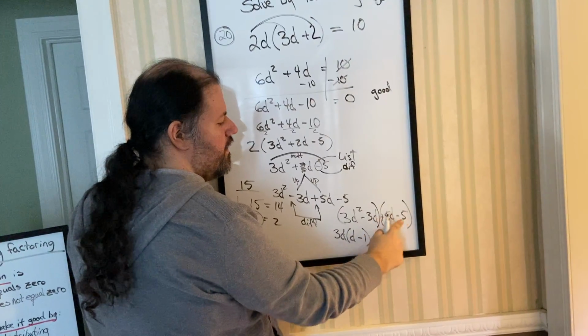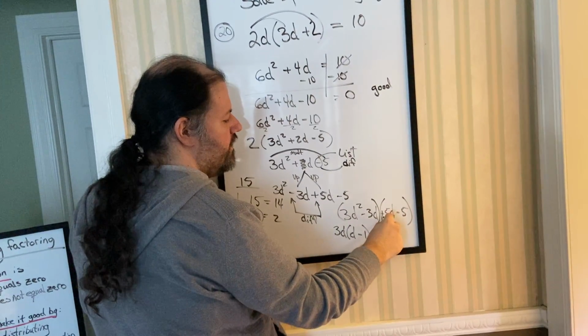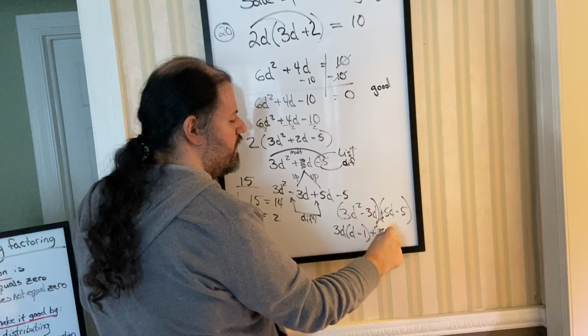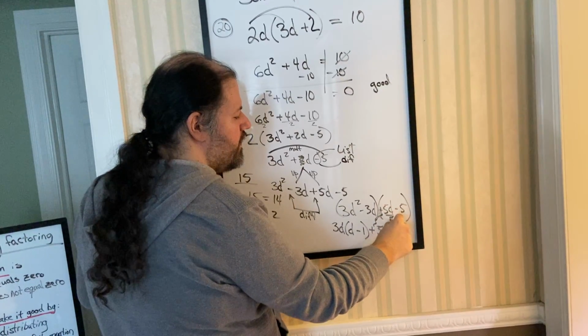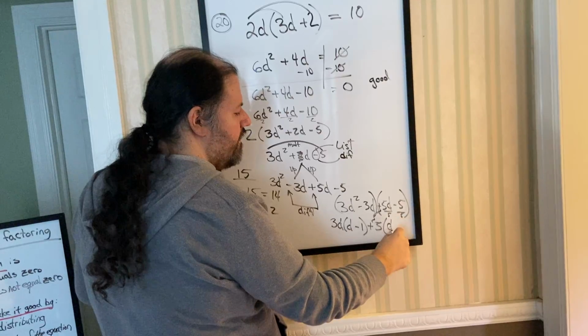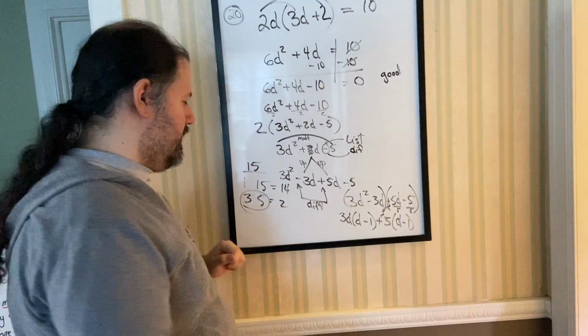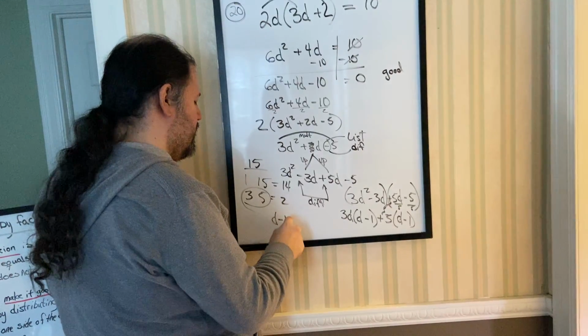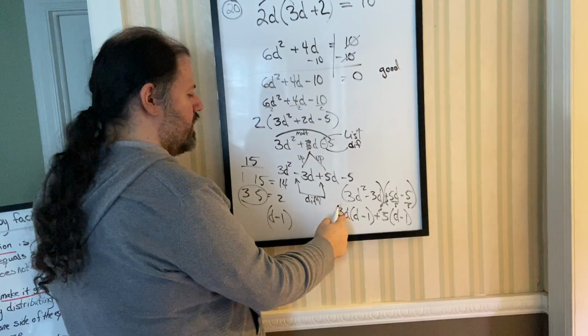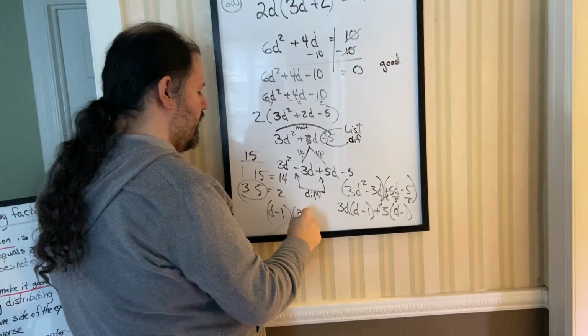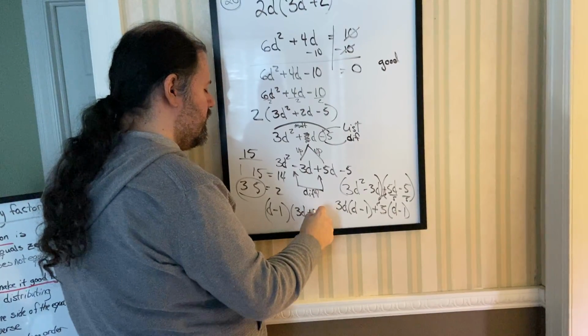Here you can take out 5, and we know it's going to be a positive 5. So when you divide these by 5, you'll also get a D minus 1. So this and this match. They become one set of parentheses. The 3D plus 5 is the other set of parentheses.